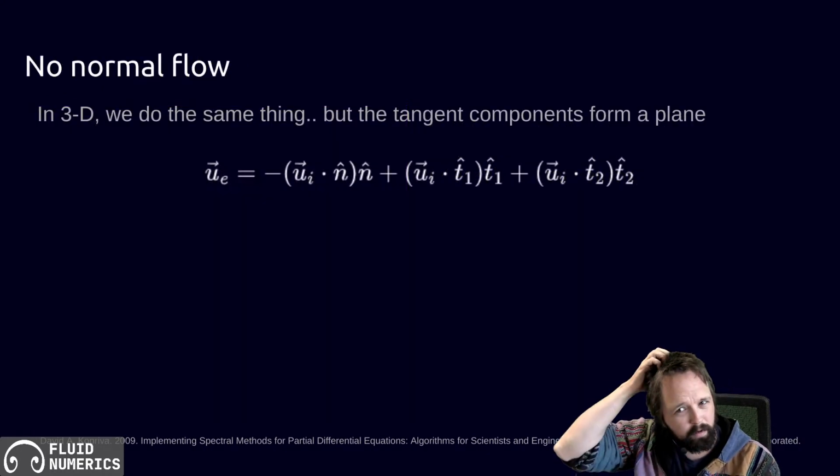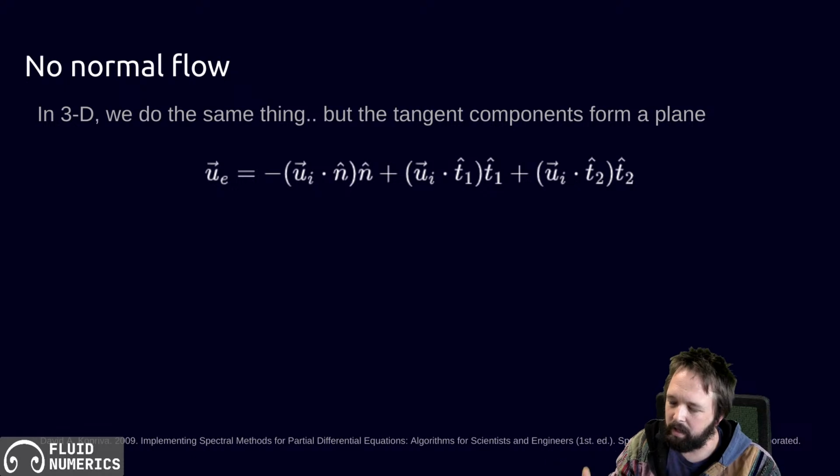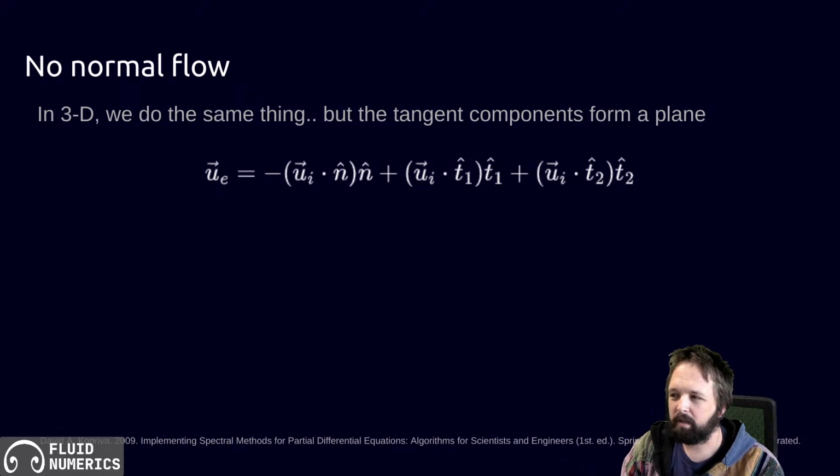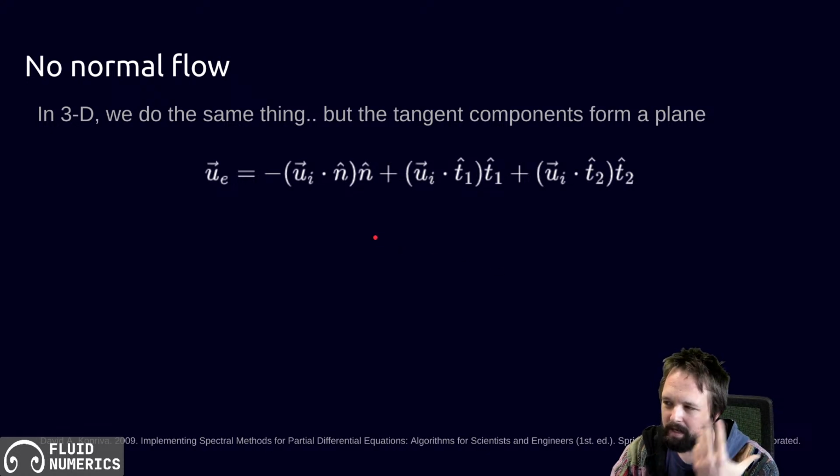Now in 3D we want to do the same thing, but the hitch is that we have one normal vector, but the tangent component is actually on a plane. We have a two-dimensional surface in 3D space that we want to use. But if I take that concept of setting my external velocity in this following way, so I want the normal component to be the negative of the internal velocity normal component, and then I just want to prolong the tangential component.